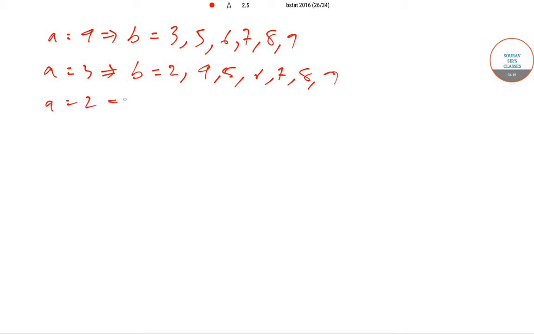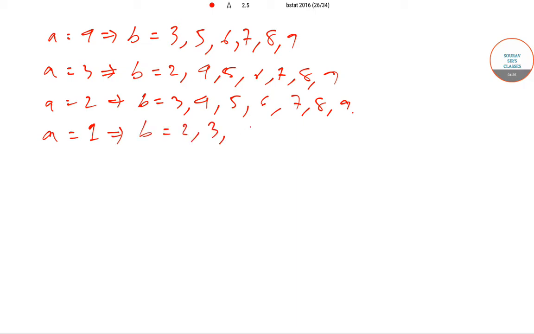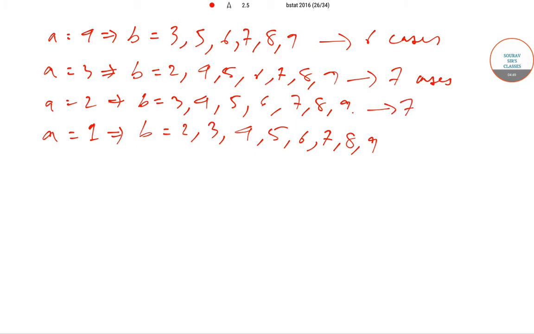A equal to 2 will give us B equal to 3, 4, 5, 6, 7, 8, 9, since we cannot write 2. Similarly, for A equal to 1, B is equal to 2, 3, 4, 5, 6, 7, 8, 9. So here we are getting 6 cases, here 7 cases, here 7 cases again, and here finally we will get 8 cases.